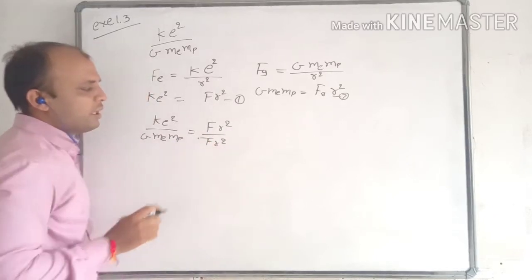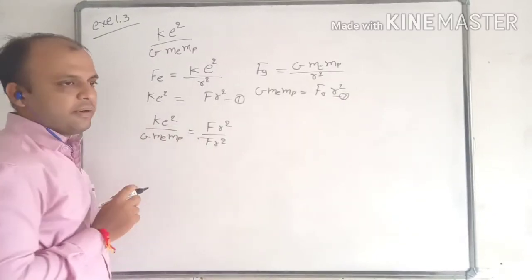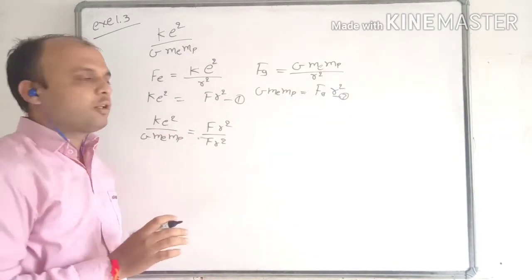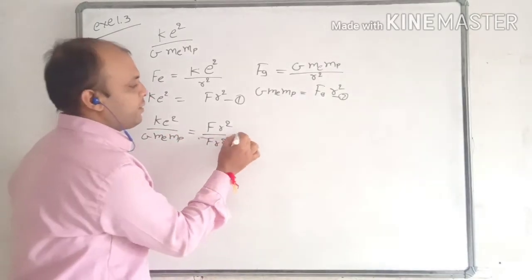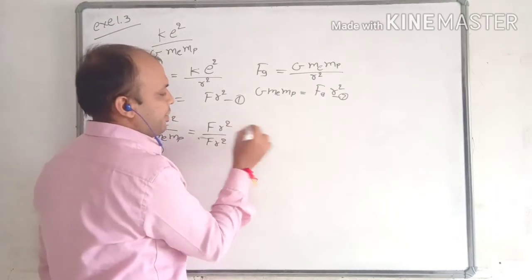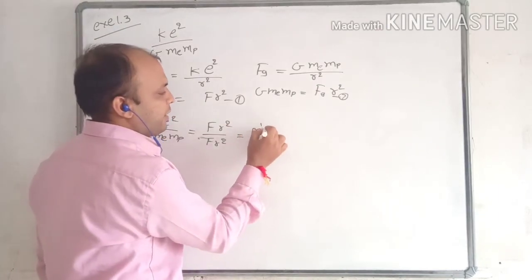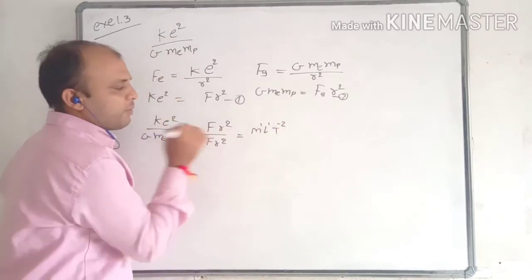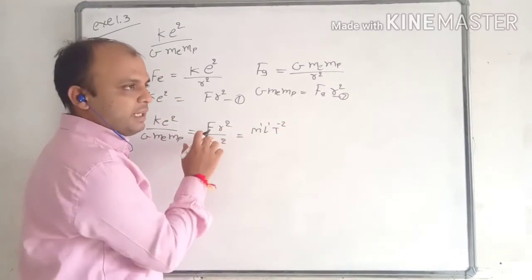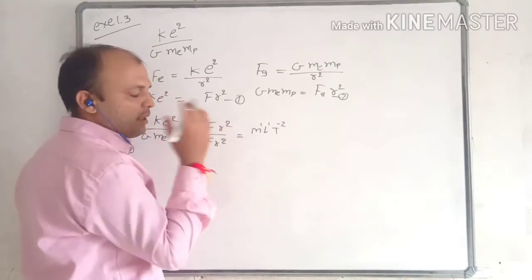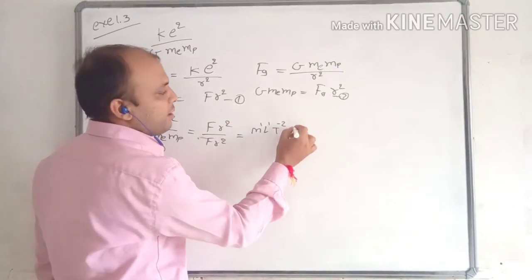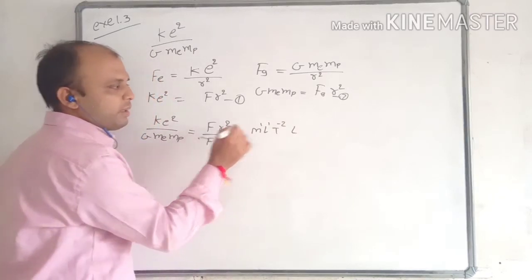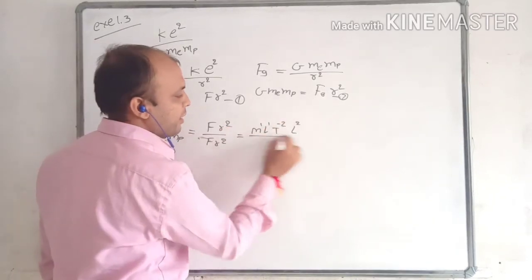No doubt students, here the force is electric and here it is gravitational force, but the dimension of any force remains the same. So the dimension of force is M^1 L^1 T^-2, and r square means distance squared, and the distance dimension is L, so we write L square.